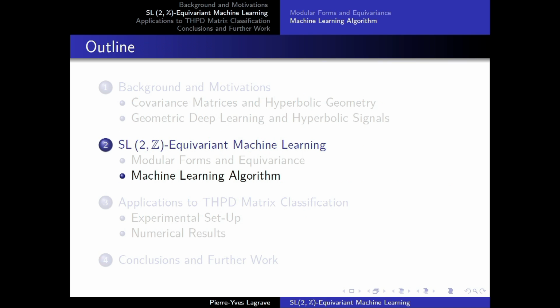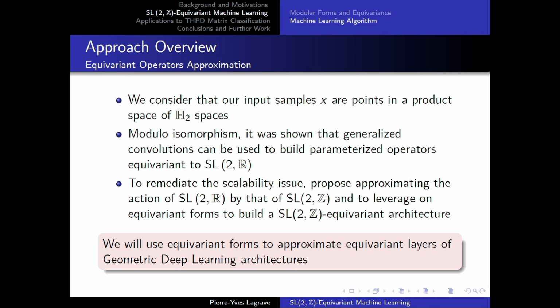So if I go through the algorithm in a little more detail, the approach is the following. We are considering that we have input samples which are in the product space of H2. We have seen from the introduction that, modulo some kind of isomorphism between D, SU(1,1), H2, and SL2R, it is possible to build equivariant architectures which are equivariant to SL2R.